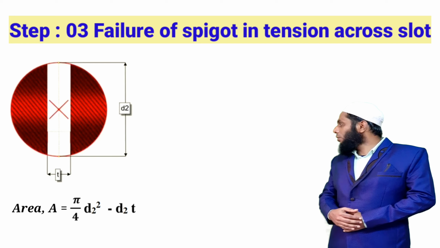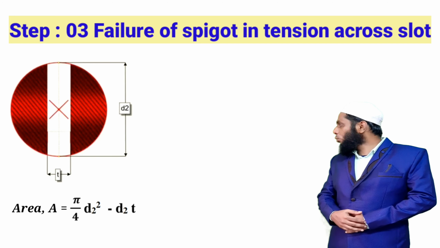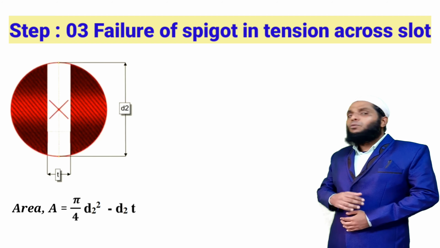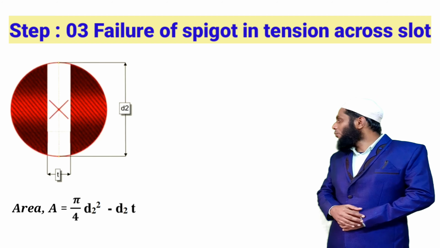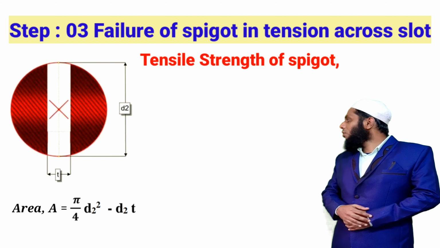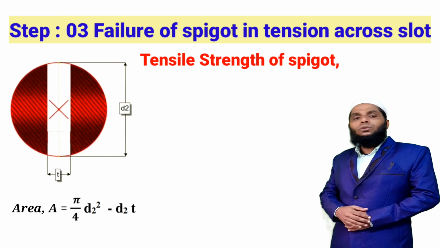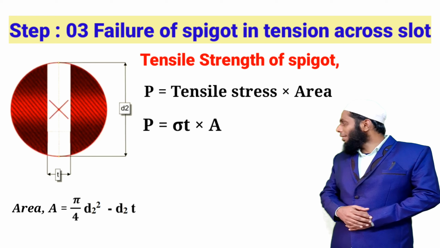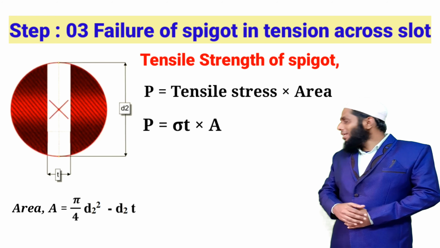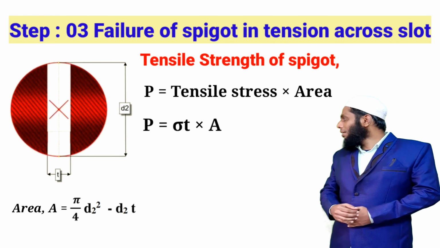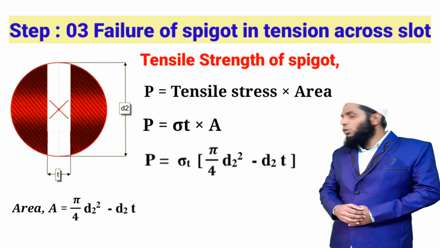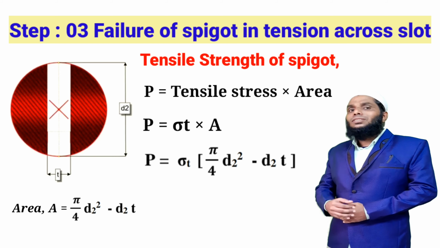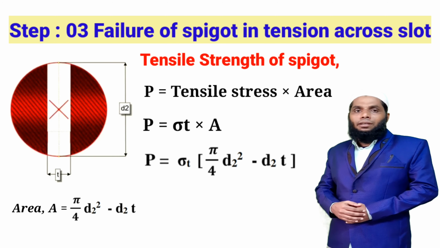So area is equal to pi by 4 d2 square minus d2 into t. Upon substituting this value, we get the strength equation of this spigot end: P is equal to sigma T into area. Therefore P is equal to sigma T into pi by 4 d2 square minus d2 into t. This is the tensile strength of the spigot end.